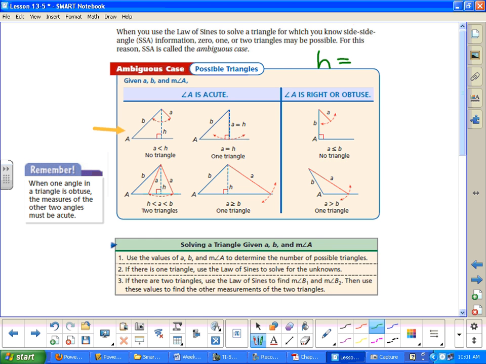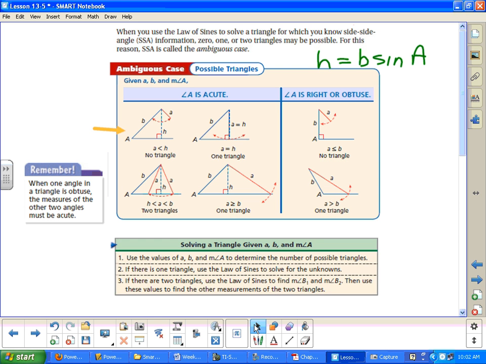If I know angle A, then the altitude in this case is the opposite side, and B is the hypotenuse of that right triangle. So I would take the hypotenuse and multiply it by the sine of the angle. That's just like what we talked about in finding the area. The value of H here is just B times the sine of angle A. So if A is less than H, there is no triangle.